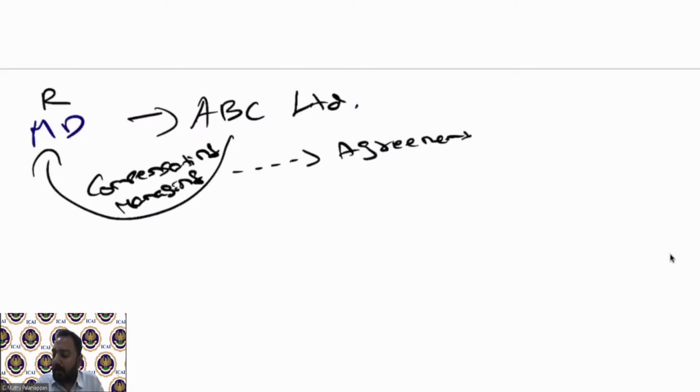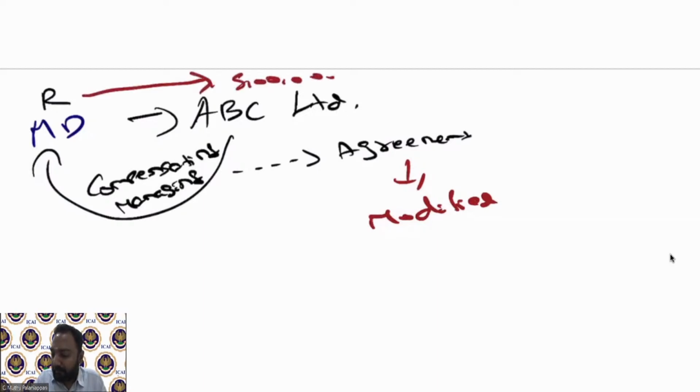Now, this agreement is modified to benefit ABC Limited. So there are changes in the terms and conditions of this agreement. When there is a modification in this agreement, for this change, let's say this person R is paying ABC 5 lakhs. Now, this is an income to ABC Limited.